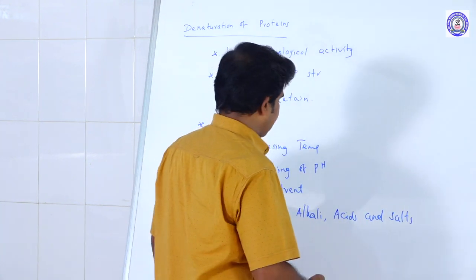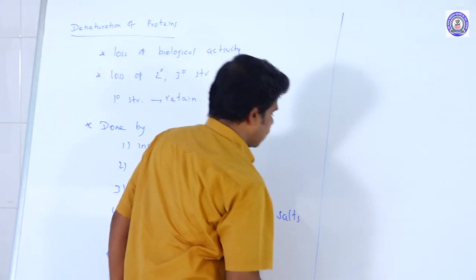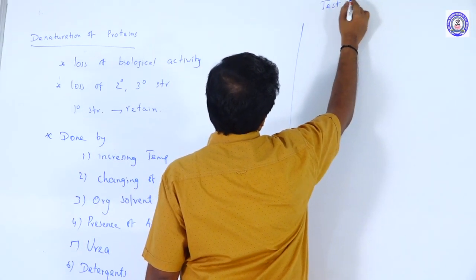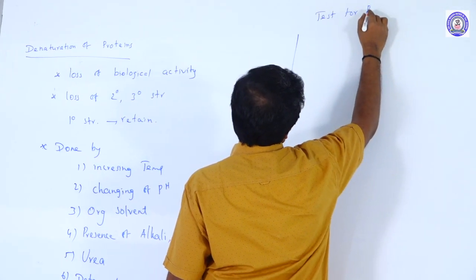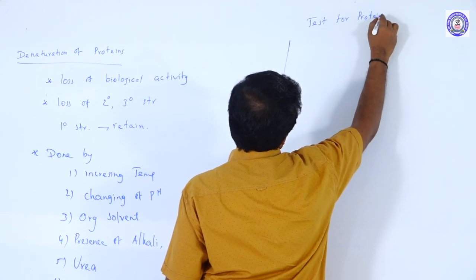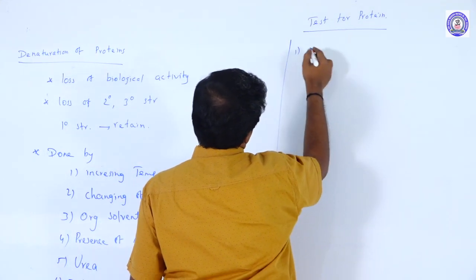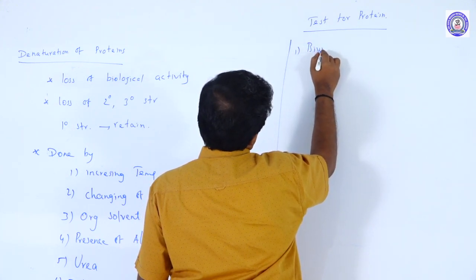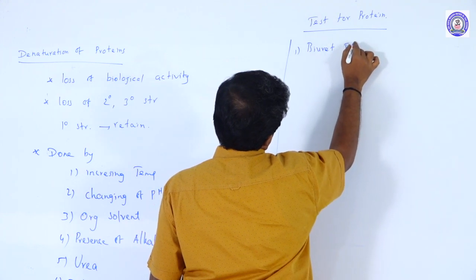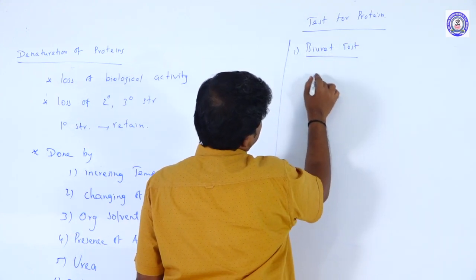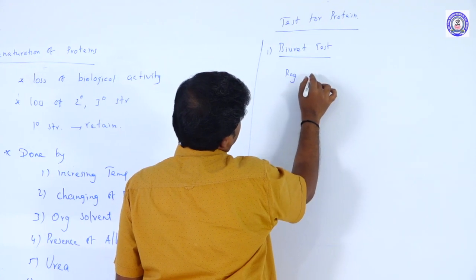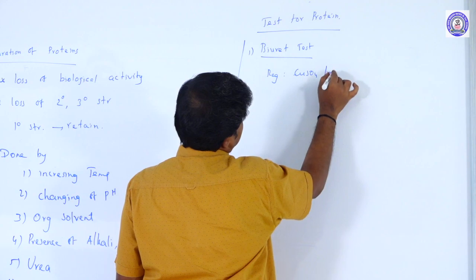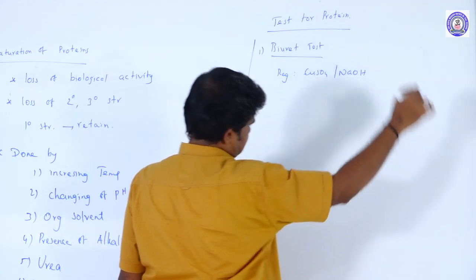Okay. Now, tests for proteins. The first test is the Biuret test. In this test, we are taking the reagent copper sulfate in the presence of sodium hydroxide.